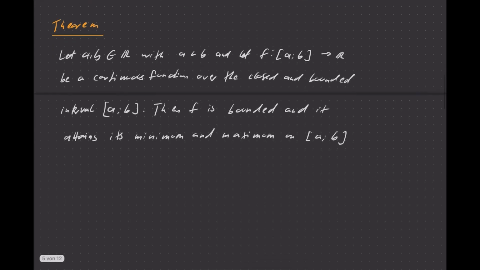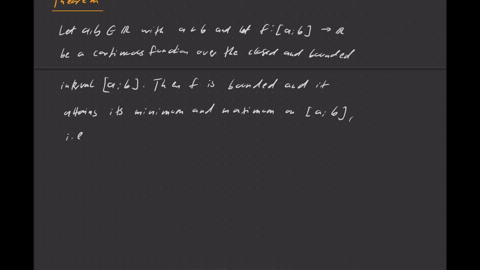And what that means is, in particular, there are points x min and x max where these minima and maxima are attained. And there may be more than one, of course. Right? So the minimum or maximum does not have to be unique. There may be multiple points x min, x max.